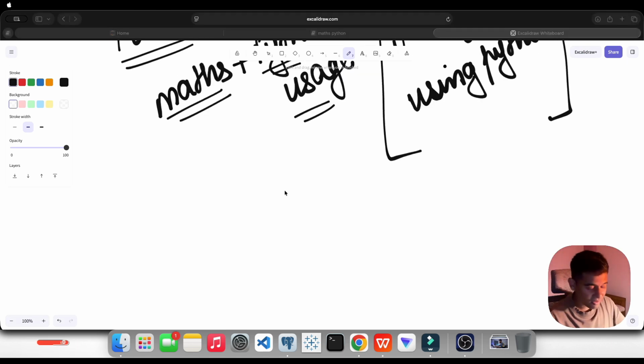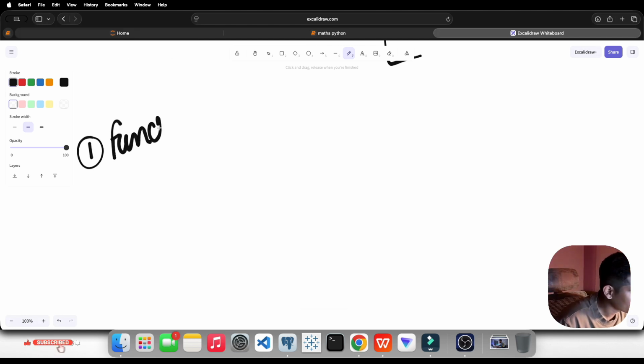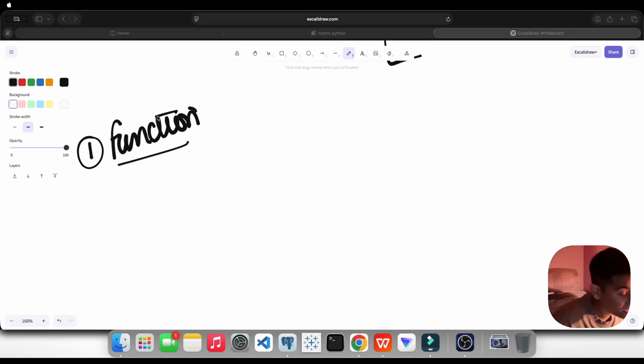So what is function? Function is a relation between input and output, that you have already known about. Theoretical part, let me write what is function. Function, I would say, is a relation between input and output. Simple. Why it is like that, we will understand.